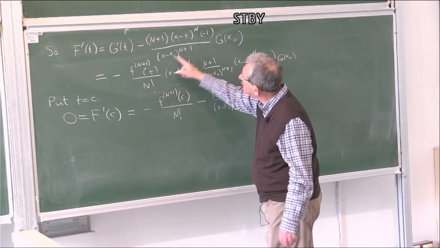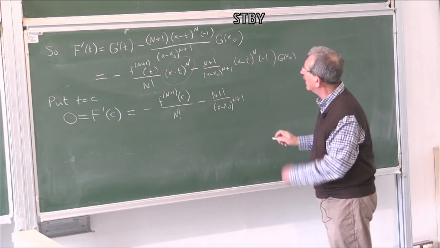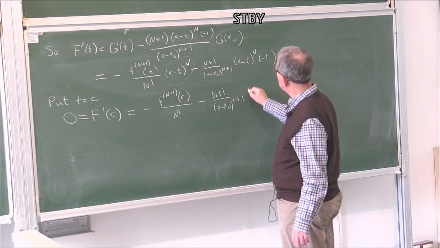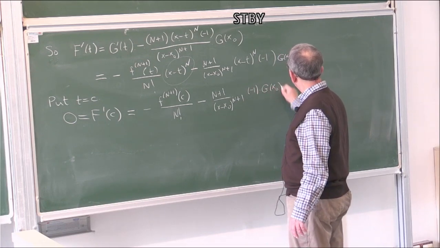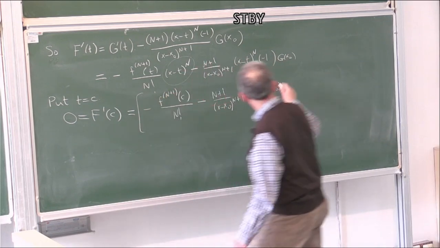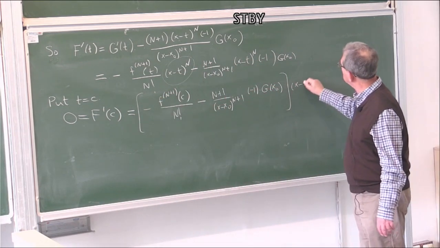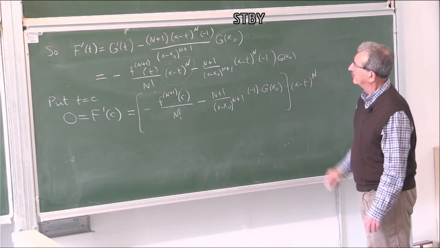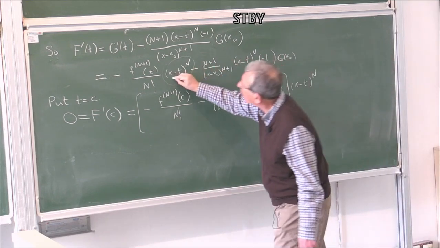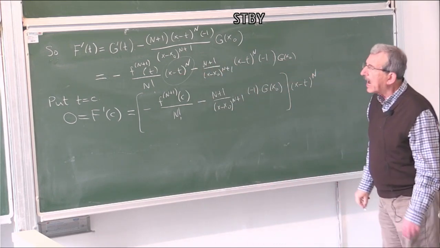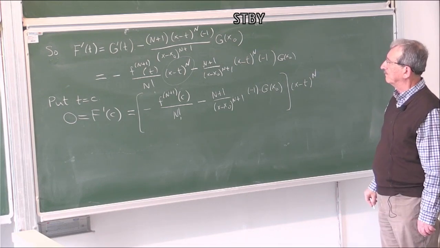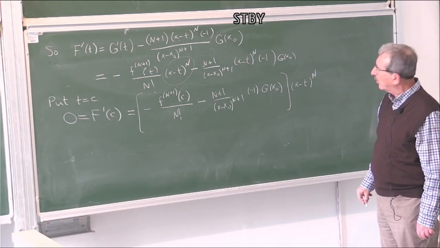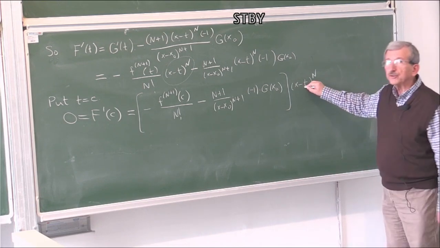I take this term out, so I will not write that, times minus 1 times g of x0. In common parentheses, I have (x minus t) to the n, because it appears in both terms. Now, the left side is 0. So, I can forget this term.